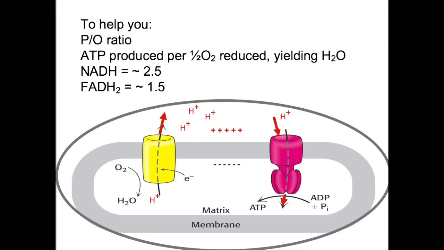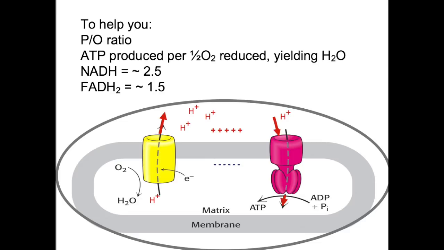These are going to go through the electron transport chain and eventually reduce molecular oxygen to produce water. For every NADH that enters, 2.5 molecules of ATP are generated. Likewise, for every FADH2 that enters and reduces molecular oxygen, 1.5 ATPs are going to be generated.